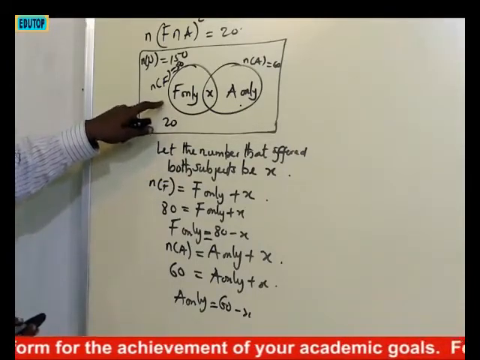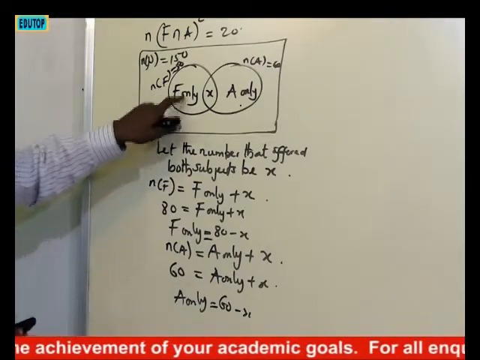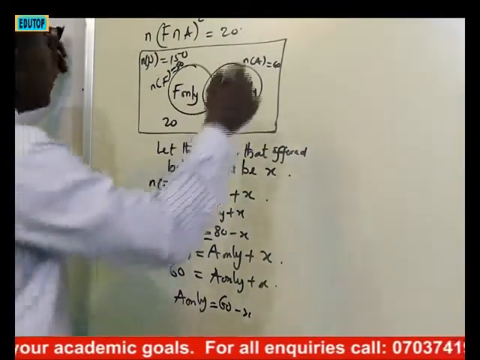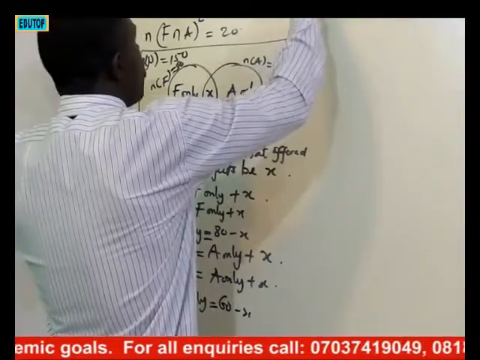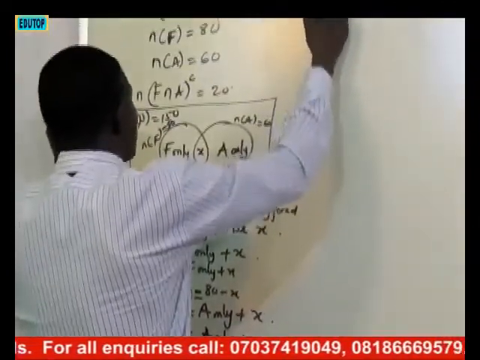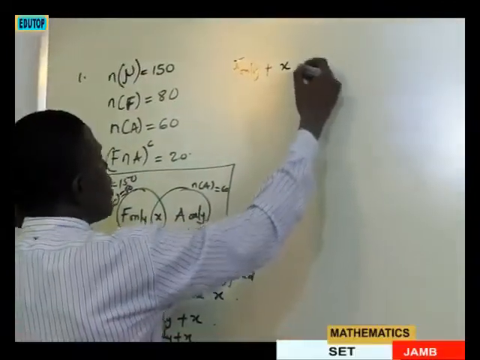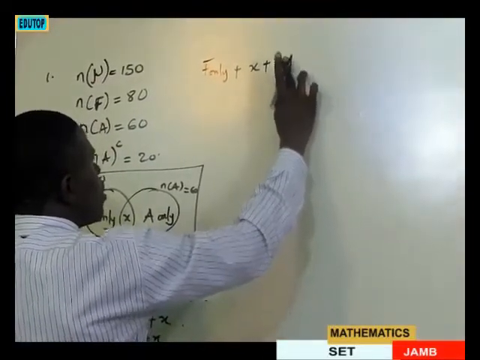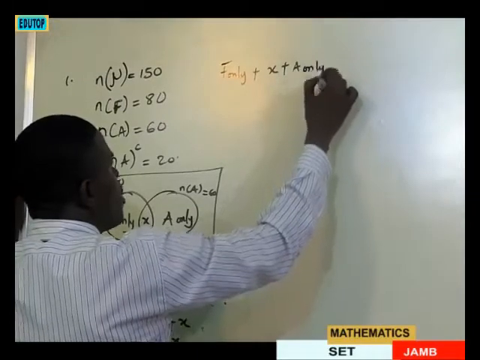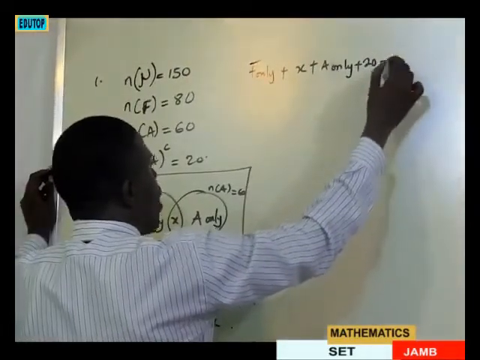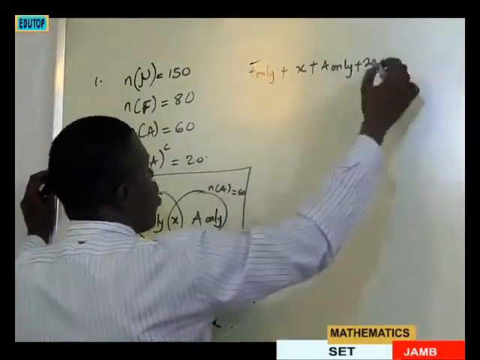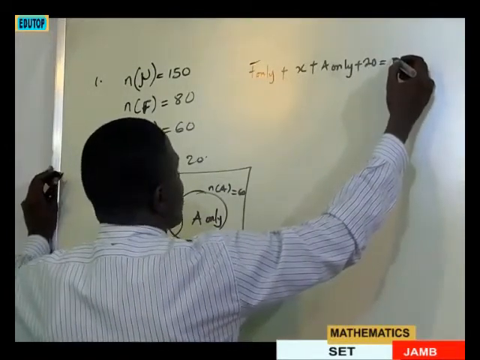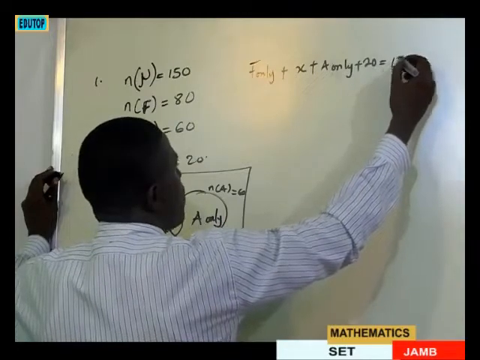That means those that neither offer French nor Arabic. So in that situation, the total will now be F only plus the number that offer both subjects plus A only, that's Arabic only, plus 20, those that offer neither French nor Arabic, equals the total, that is 150.